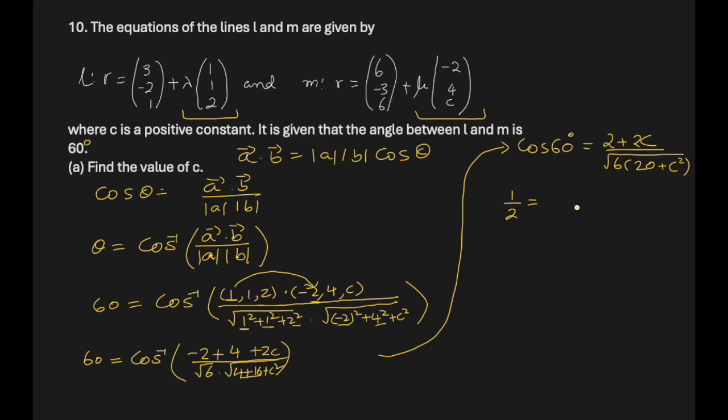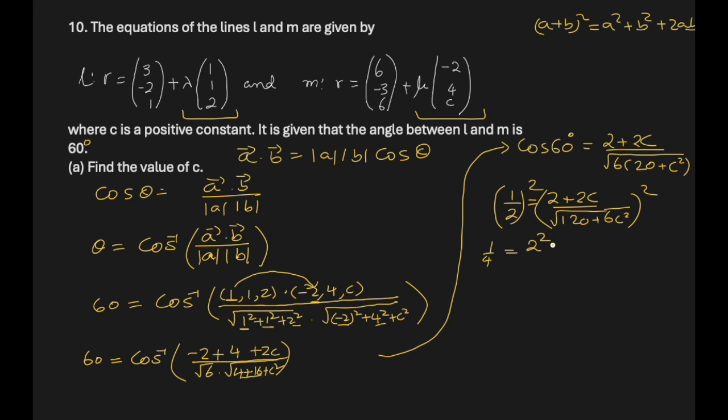and let's not take common. Let's leave it as 2 plus 2C over the square root of 120 plus 6C square. Now we have to find the value of C, so we have to square both sides so that this square root is taken care of. So 1 over 4 equal to, if I square 2 plus 2C, I will use this identity: A plus B whole square is A square plus B square plus 2AB.